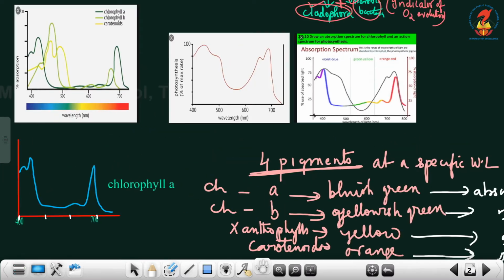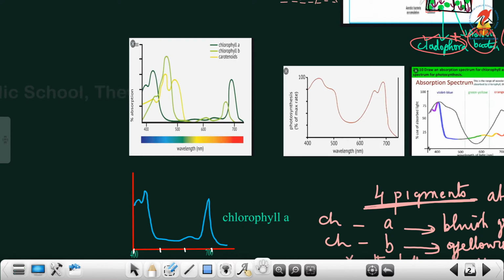So we can see the graph. See, this is a graph depicting the absorption spectrum of the different chlorophylls.